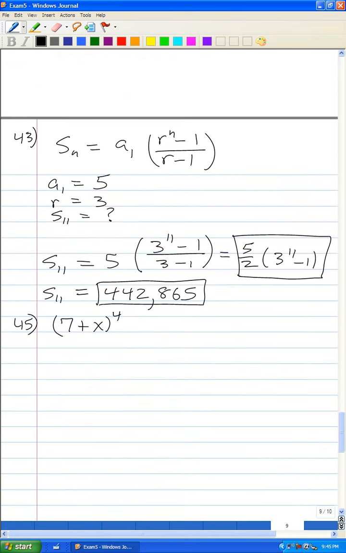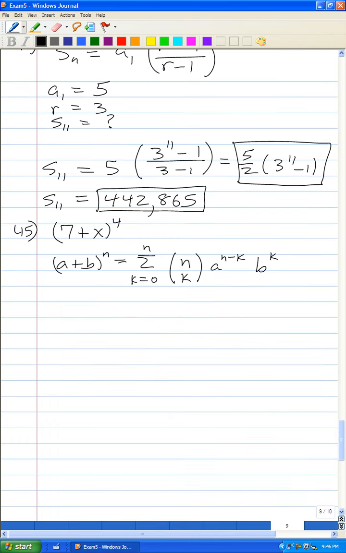Okay, so I know that (a plus b) to the n, by the binomial theorem, is just the sum, let's say k equals 0 to n of n choose k, a to the n minus k, b to the k.